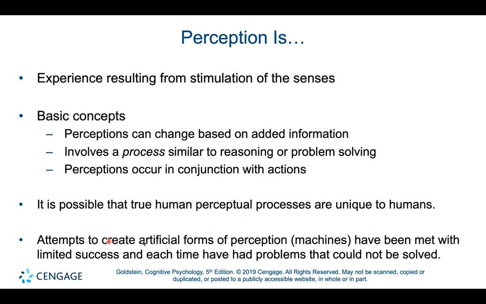Because these attempts to create artificial forms of perception and intelligence often have limited success. They can be successful in very particular domains, but it's very difficult to reproduce human perception, even with incredible, amazing computing power and processing power.